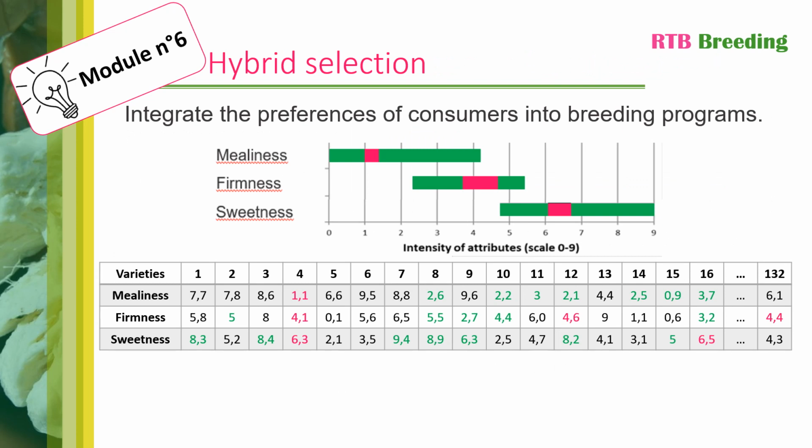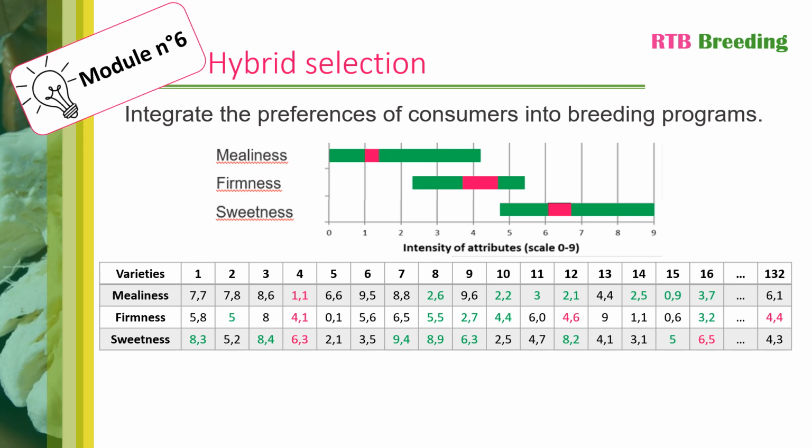Once all the thresholds have been calculated, they can be integrated into a selection program. Here is an example for dessert banana with 3 descriptors: mealiness, firmness, and sweetness, for which acceptability and optimal thresholds have been calculated. The table shows several varieties with their perceived intensity score for the 3 descriptors.